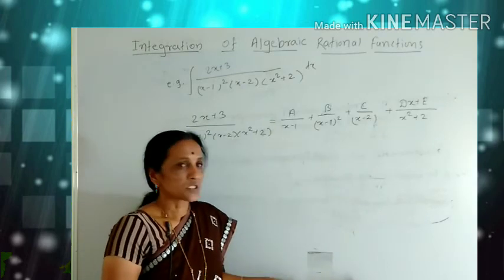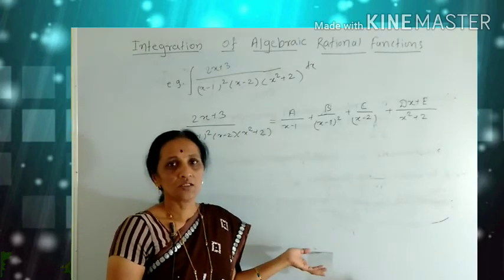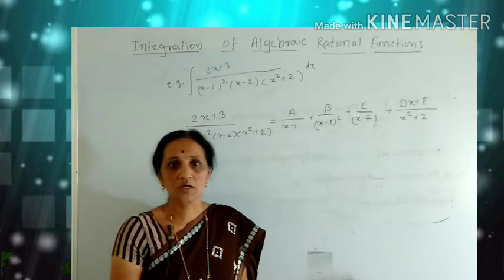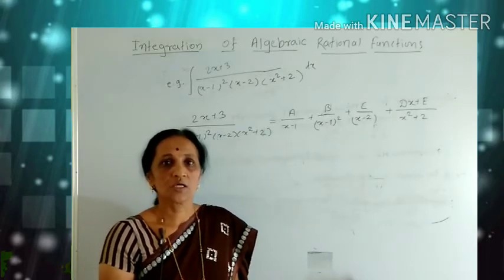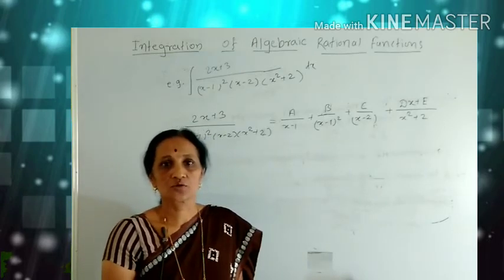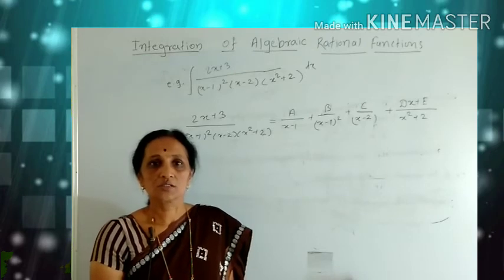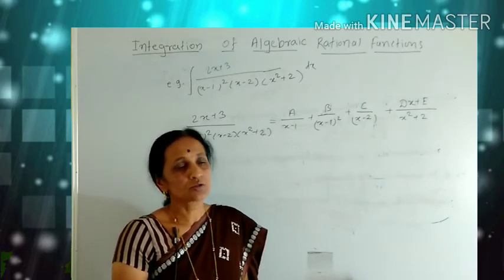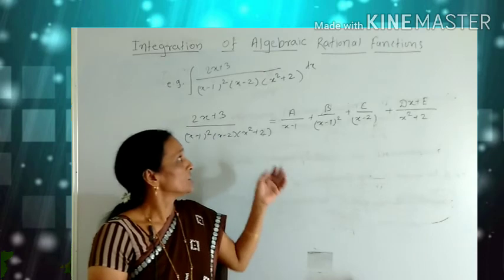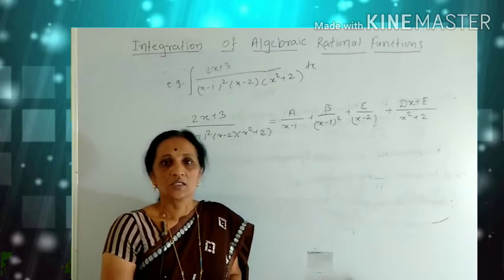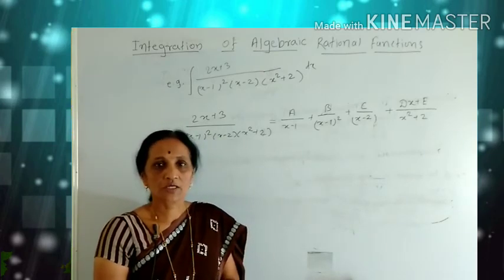Now in this lecture we saw what is meant by a rational function, the types of rational functions, and that for finding the integration of rational functions the most important thing is the decomposition into partial fractions.